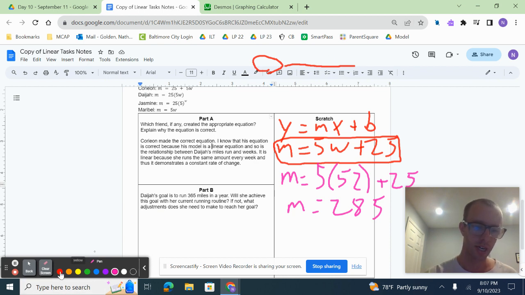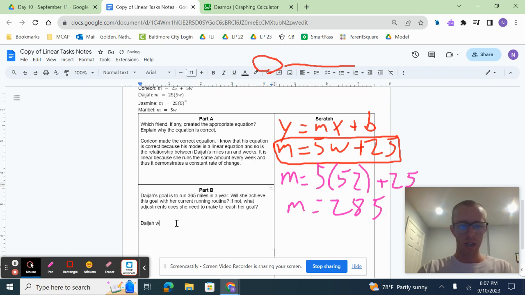So let's describe our answer. Deja will not reach her goal of running 365 miles in a year. Right? I start out by answering the question in a complete sentence. Now I'm going to explain my logic a little bit. She will run 285 miles in 1 year.